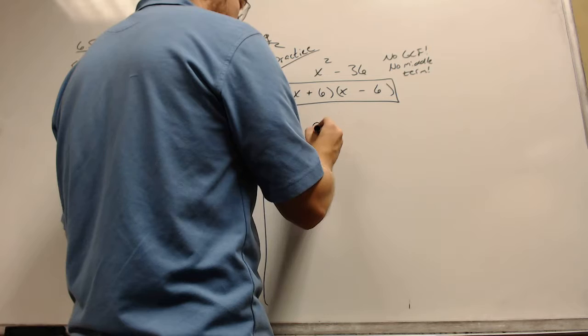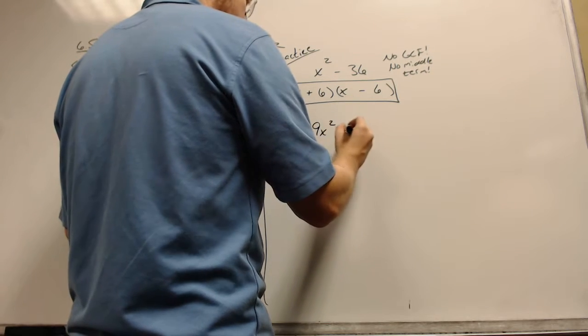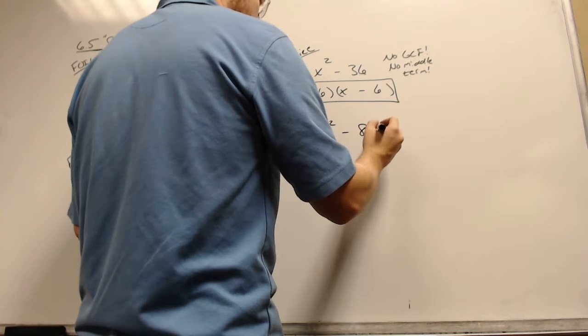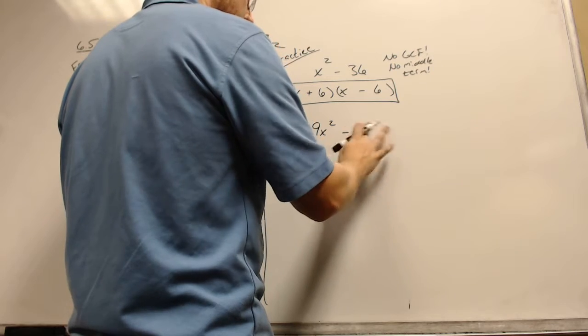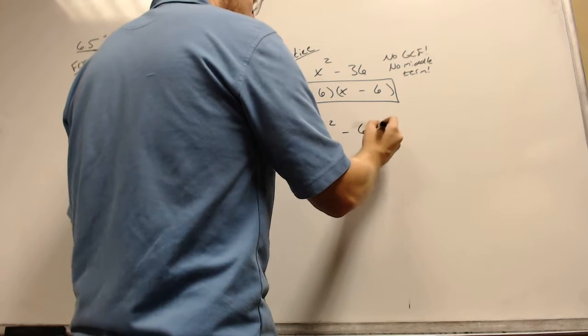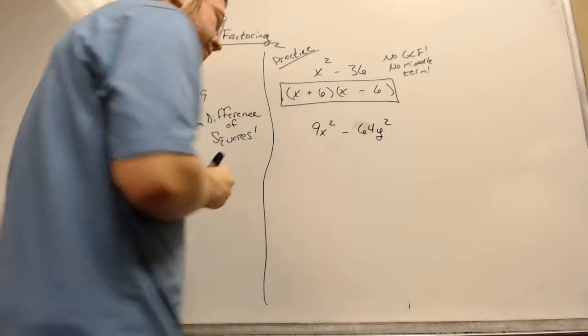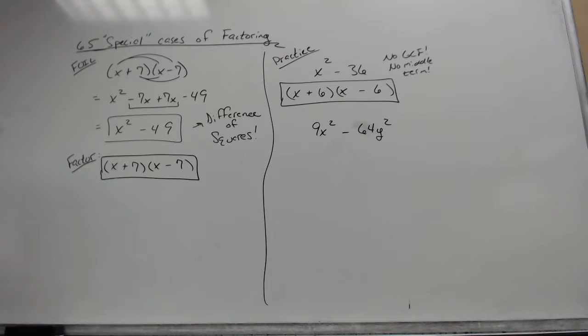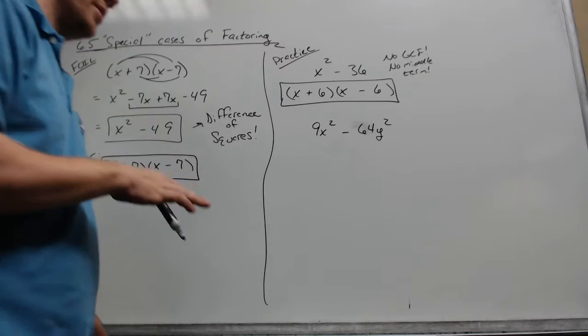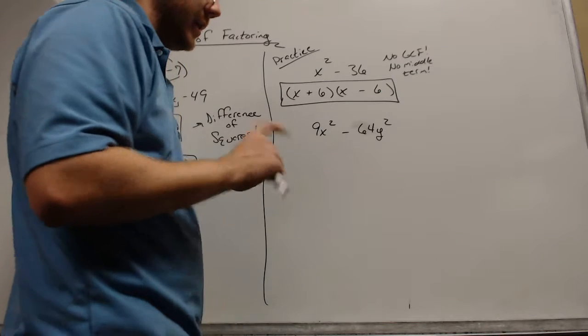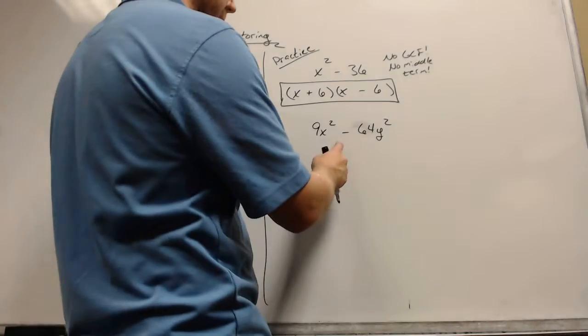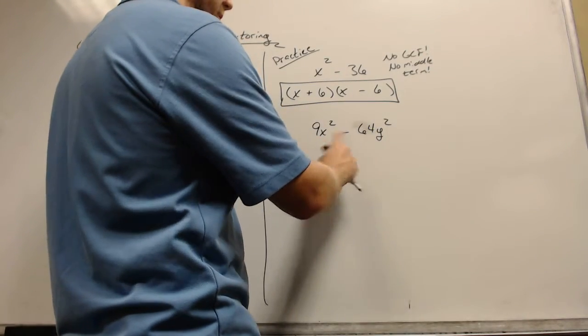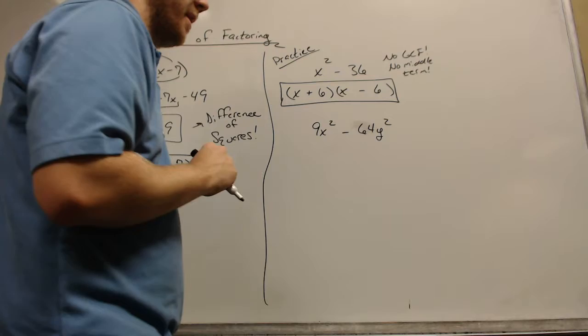Something like 9x squared minus 81. Let's not do 81. Let's do 64y squared. Looks a little messier, but is it really? There's two terms. That's a big indicator. There's no middle term. There's an x squared and a y squared, so these would be your end pieces.